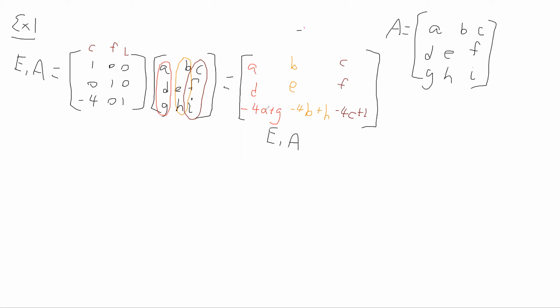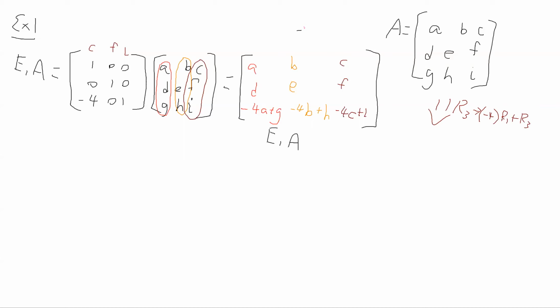Okay, so what we have here is actually taking the first row, which is A, B, C, multiplying it by negative 4, and then adding to row 3. So let's do this with the matrix. If we perform elementary row operation on this, then R3 is going to become negative 4 times R1 plus R3.